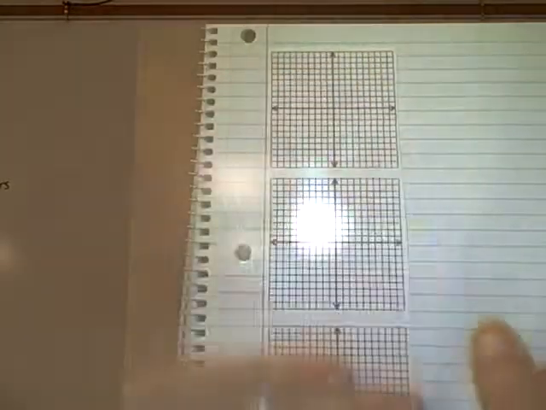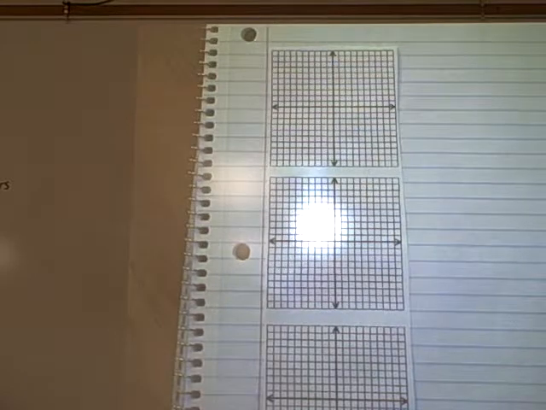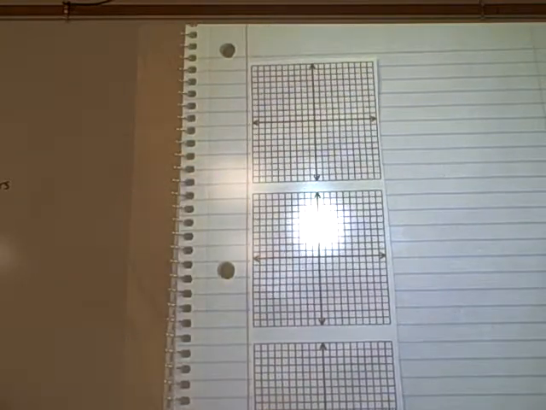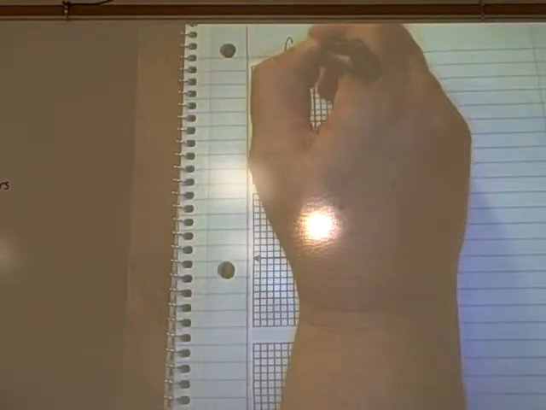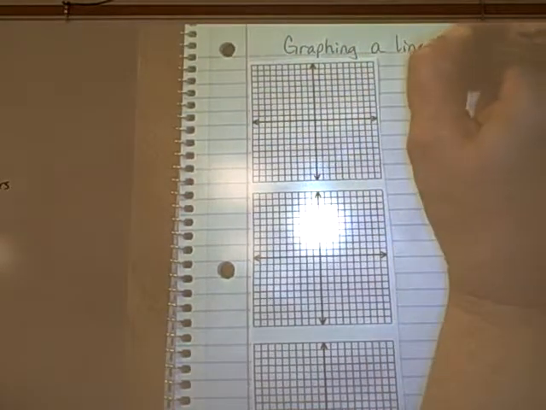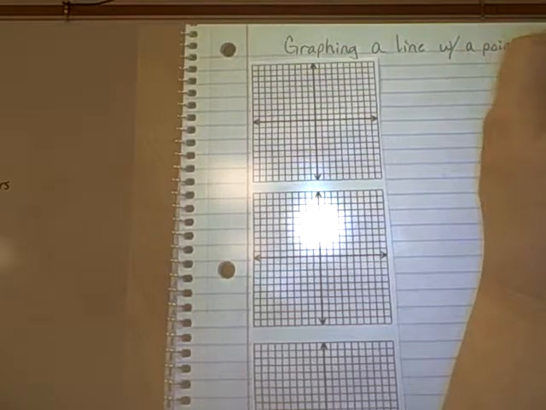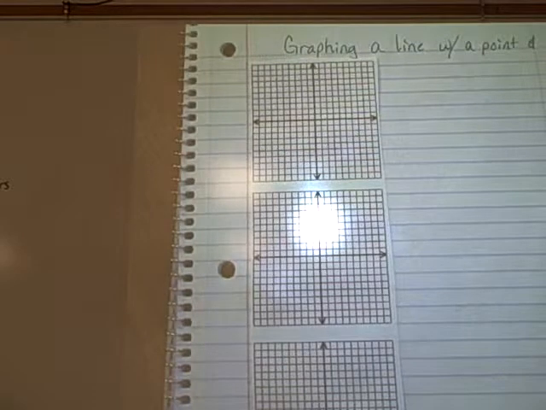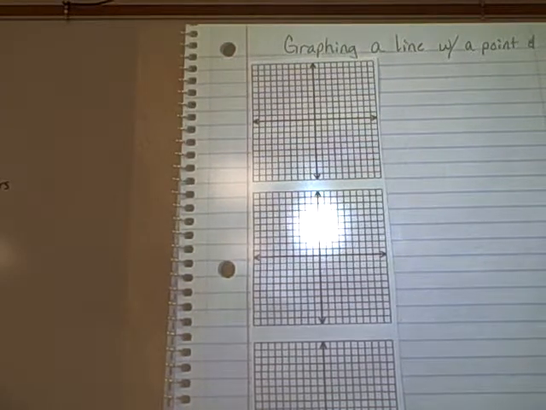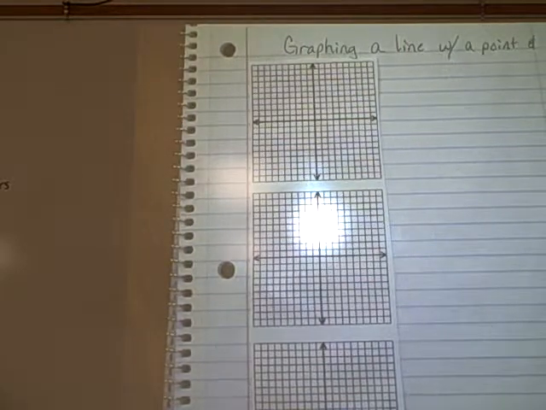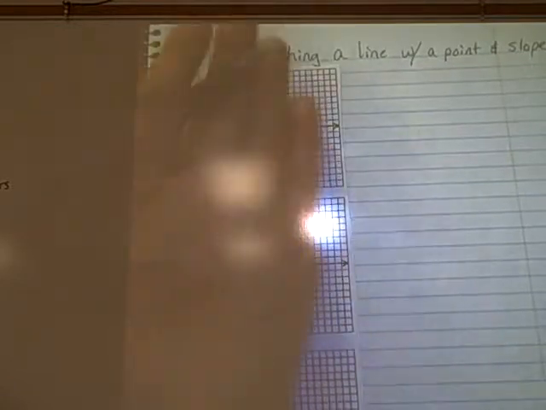Okay, so get those 3 glued down, just down the side of the page.